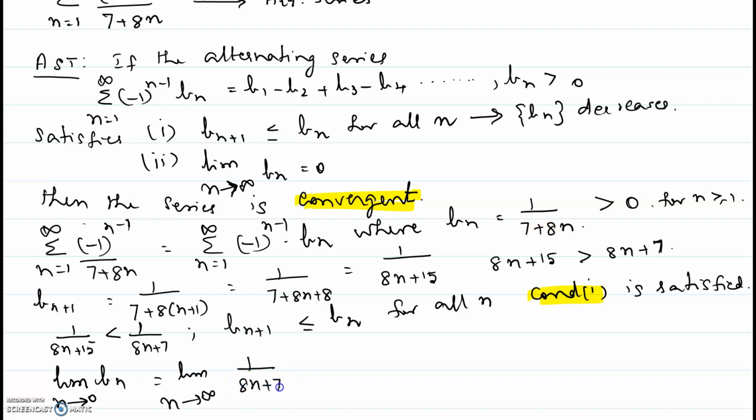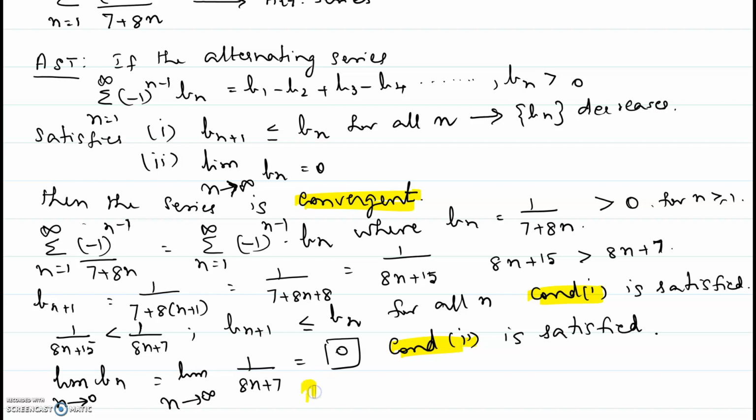As n is very large, the numerator is only a constant, and the denominator becomes infinity, so constant over infinity becomes 0. So condition 2 is satisfied as well. We have established the two conditions that are required for this alternating series to be convergent.